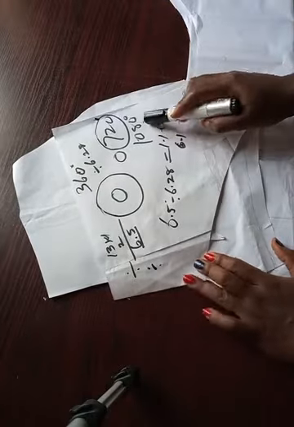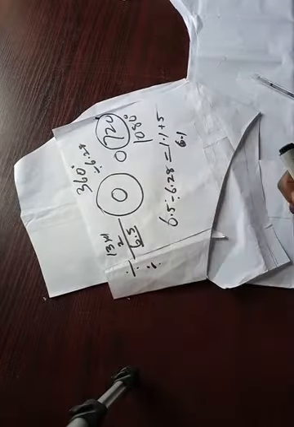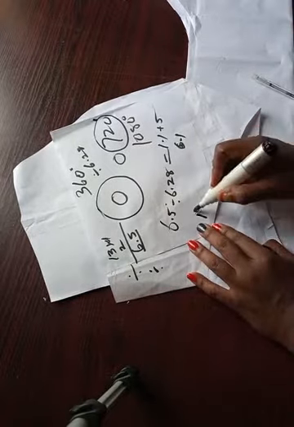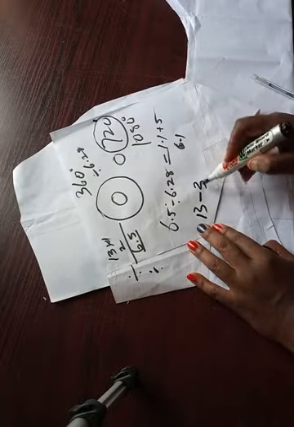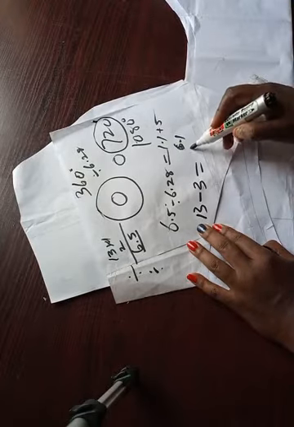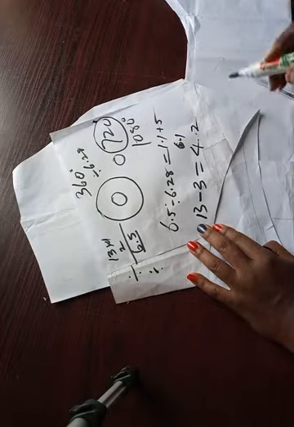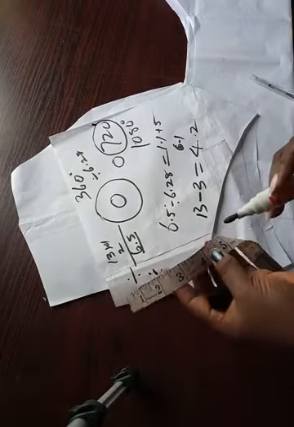1080-degree flare. Now our waist is 13. What we're going to do is 13 divide by 3, and that is going to give us 4.2. That is 4 1/4 here, right? 4 1/4.